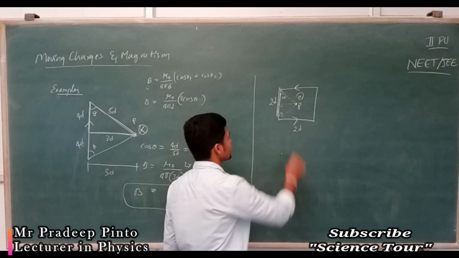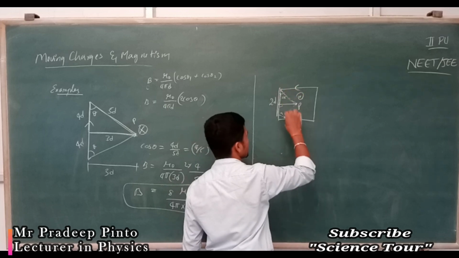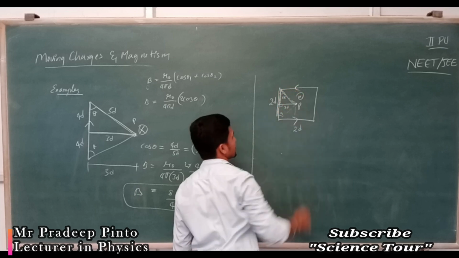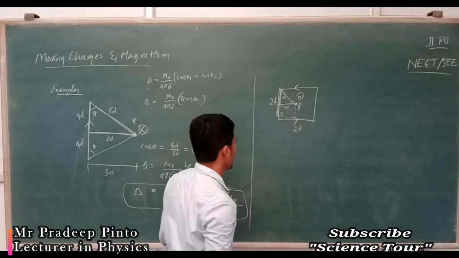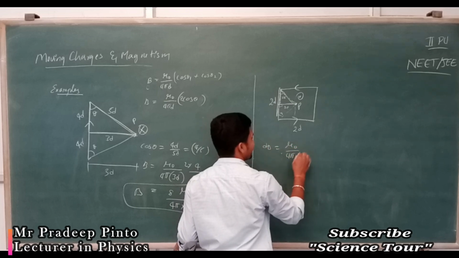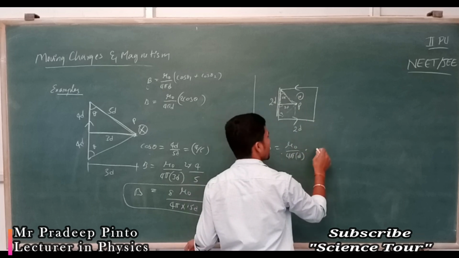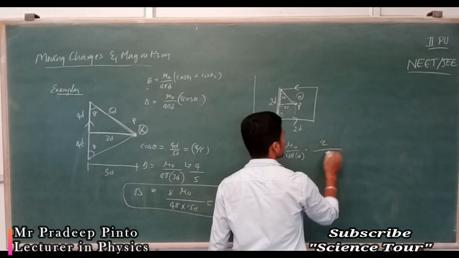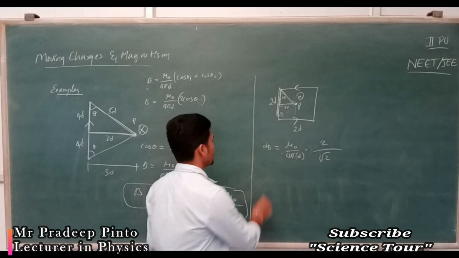If the side is 2d, then this half is 1d, and this perpendicular distance is also 1d, so we have that distance directly. We write the formula: dB equals mu naught divided by 4 pi d, where d is 1d itself, into cos 45 plus cos 45, that is 2 into 1 by root 2.